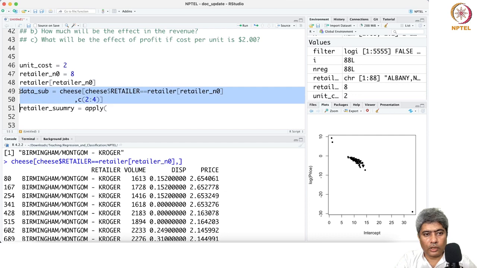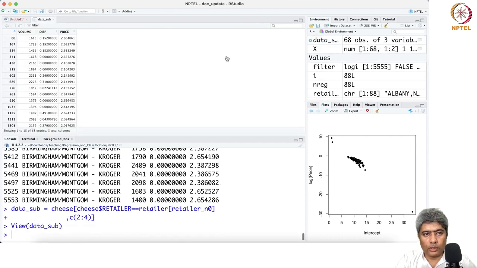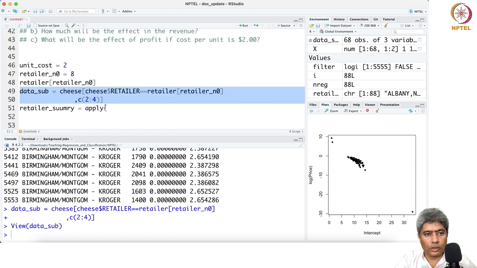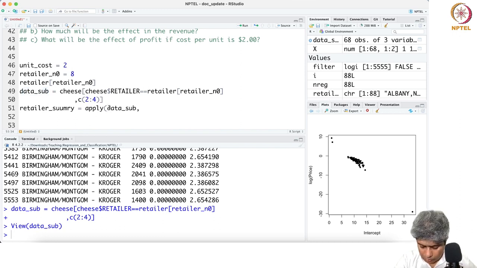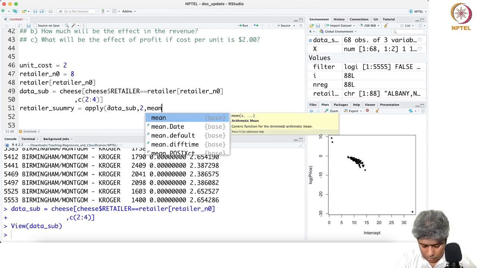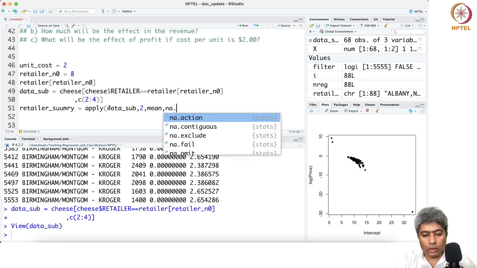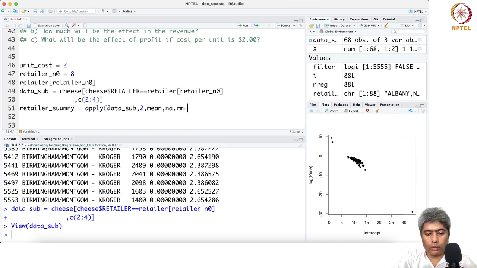If I just say data sub data set, so this is the data set, and data set comma data sub comma 2 comma mean, na.rm equal to true.